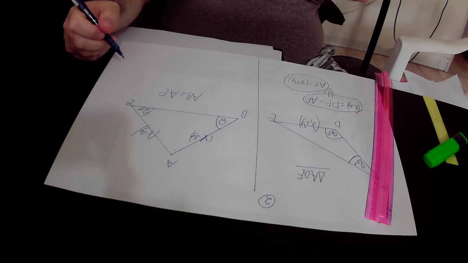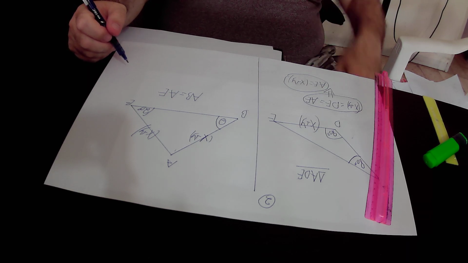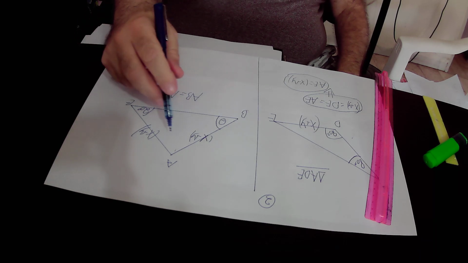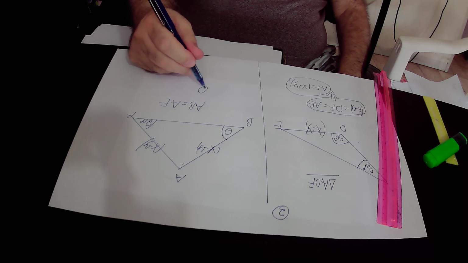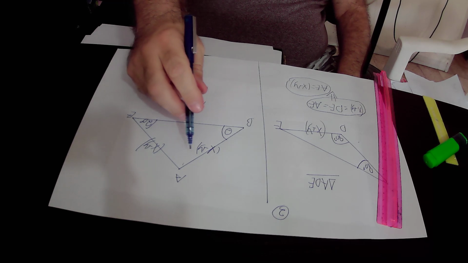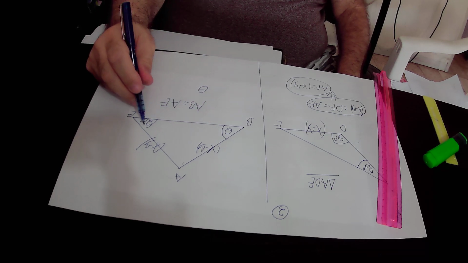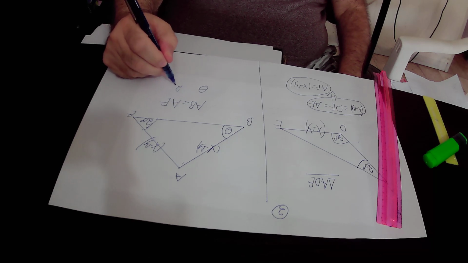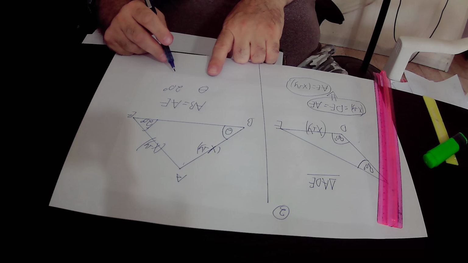And we have the rule that in front of equal sides in the triangle there are equal angles. So in front of this side, side AE, we have angle theta, and in front of this side, side AB, we have this angle that is equal to 20 degrees. So those two angles are located in front of equal sides.